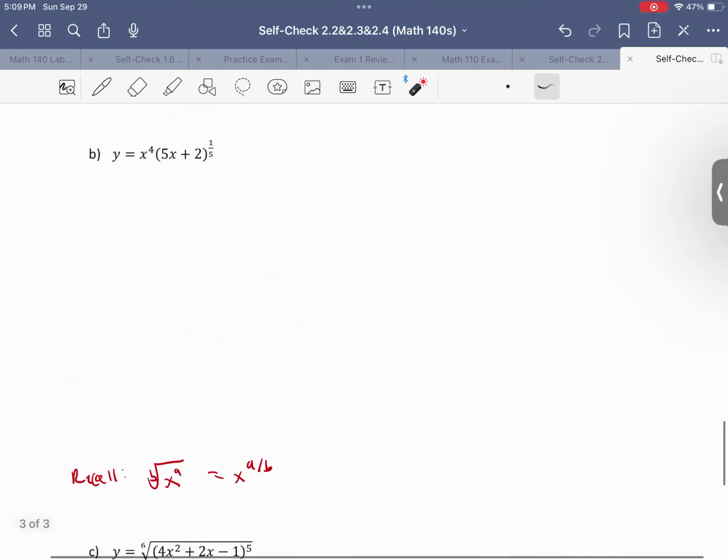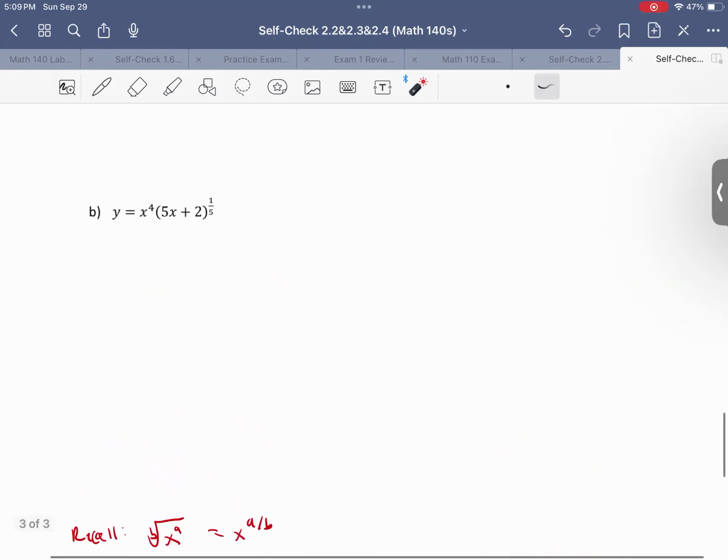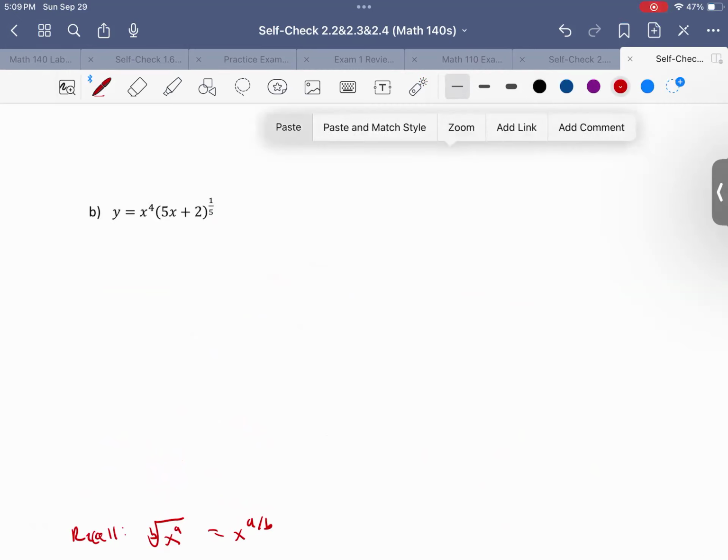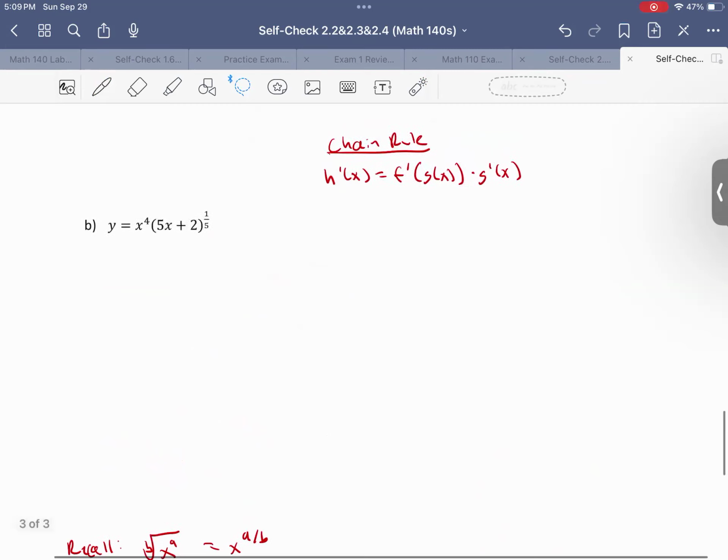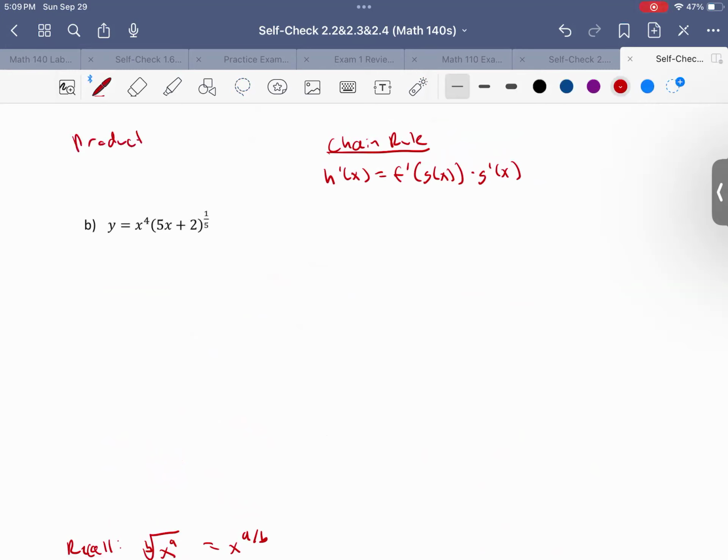So part B is incorporating the product rule. Right, there's a chain rule, but incorporating the product rule with the chain rule. So product rule, recall, is f prime g plus g f prime, right?